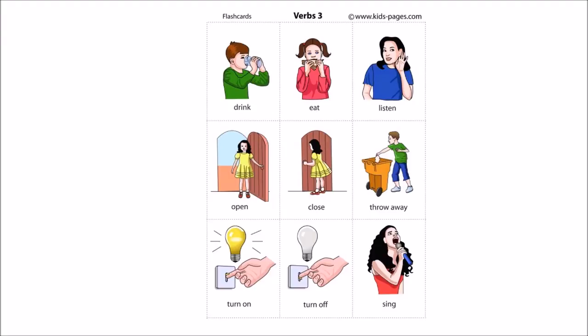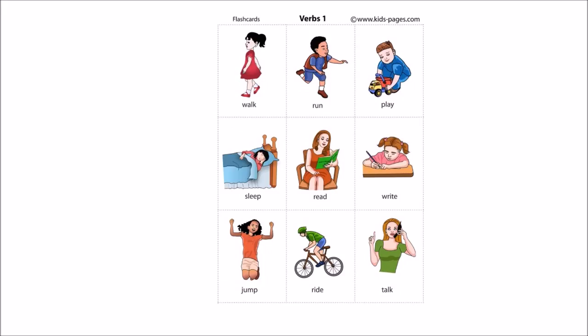Sing. Then we have walk. Walk. Caminar. Walk. You pronounce it like an O, kind of a mixture of O and A, and the L is not pronounced, it is weaker, not pronounced, like walk.